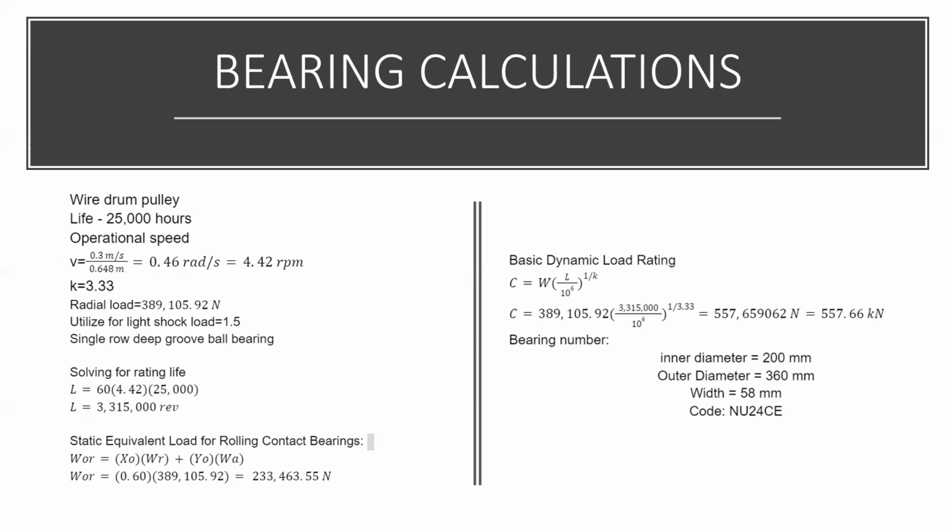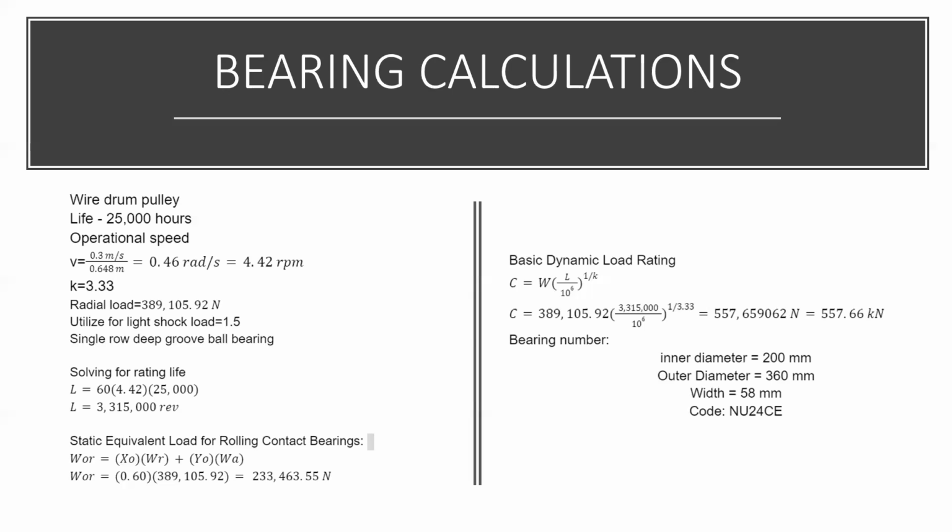First, we calculate the velocity of the lifting mechanism, which is around 4.42 RPM, and our K is 3.33. Our radial load is 389,000 newtons, and we use a light shock of 1.5.